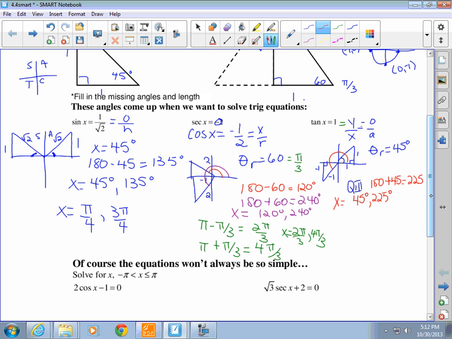If I'm looking at this in radians, 45 degrees is pi over 4. So I have pi over 4 will be one, and then pi plus pi over 4, so that's 5 pi over 4. So x would be pi over 4, comma, 5 pi over 4.